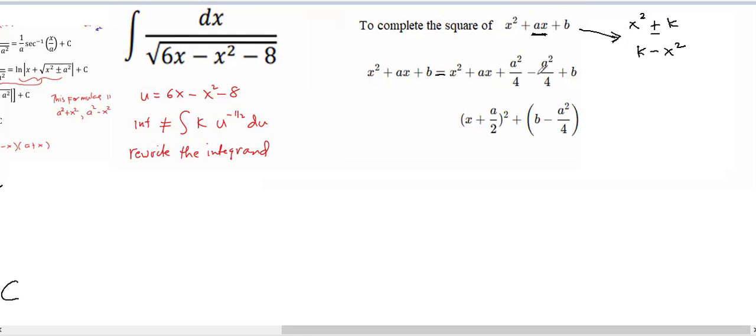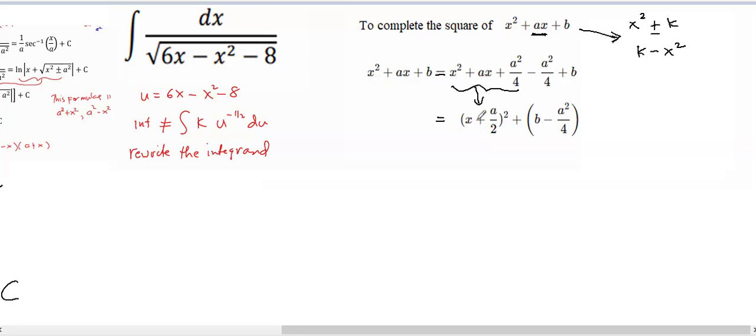We add and subtract the square of a, yung coefficient ni x, and then over 4. So, ano yung nandito? Square of the coefficient of x. So this reduces to, so yung grupo na ito, ito yan.